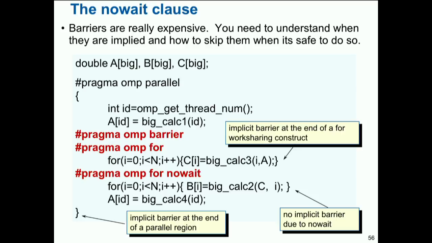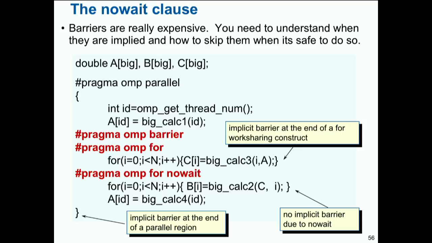And what it says is telling the system that, look at this thing that I'm updating, the array B. In the next line, or any other line in this code, there's no one that uses B, right? So there's no reason after this loop people need to synchronize. B is not used later. But you cannot do the same thing for the previous loop, because the previous loop is updating C, and C is used in the next loop.